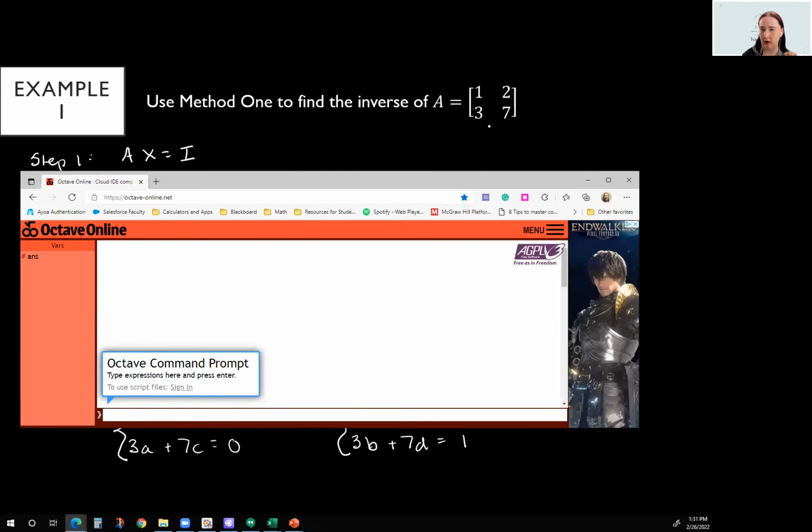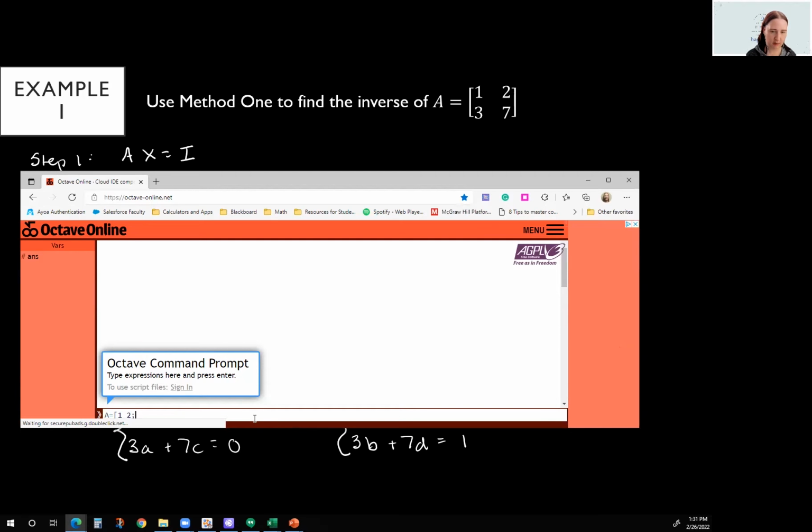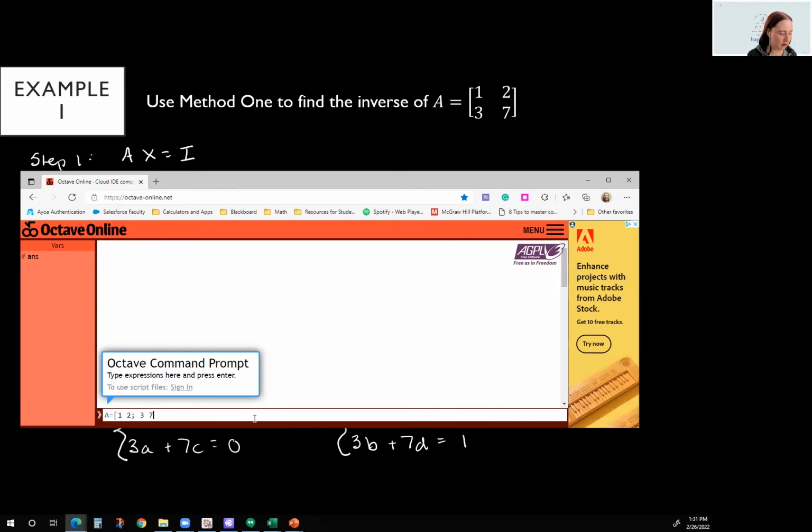That is fine. So if you're going to check your answer with Octave, you enter it row by row and put a semicolon after each row. So A is equal to, and then I have my bracket, 1 space 2 semicolon, 3 space 7, and then you close your bracket. So that's how you enter the matrix in Octave.